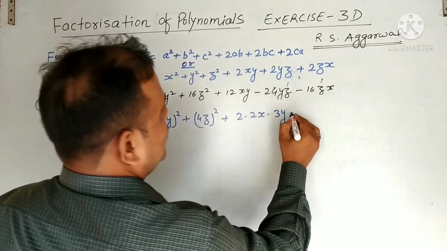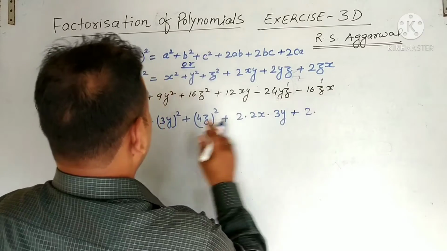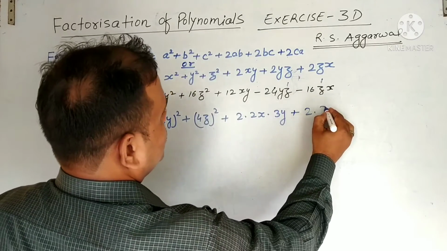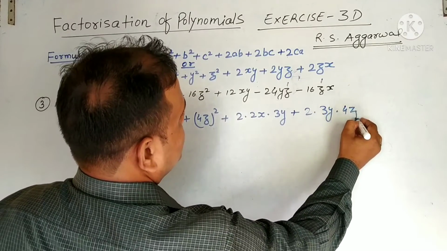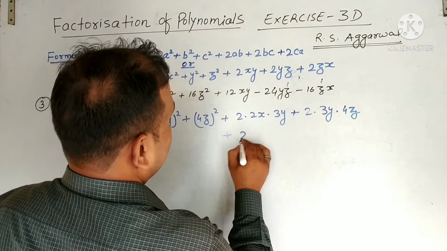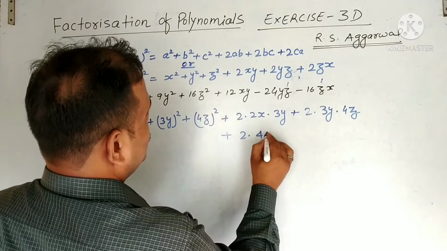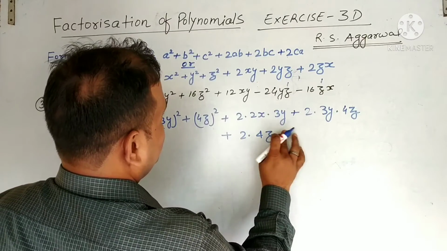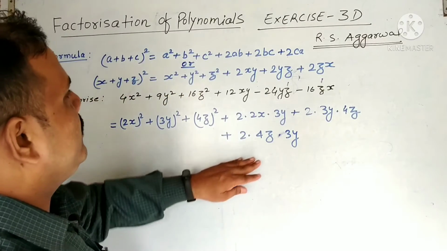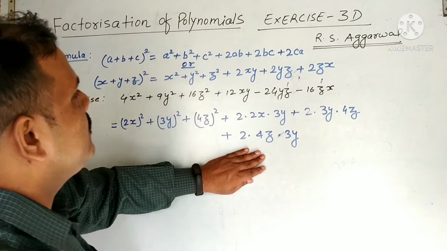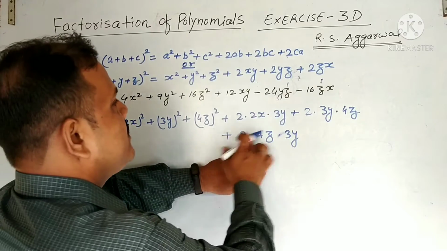Plus 2 into 3y into 4z. Plus 2 into 4z into 3y.